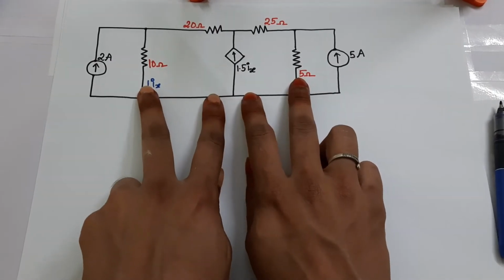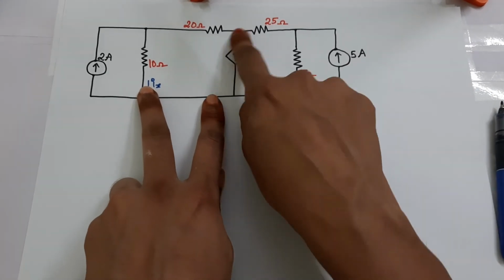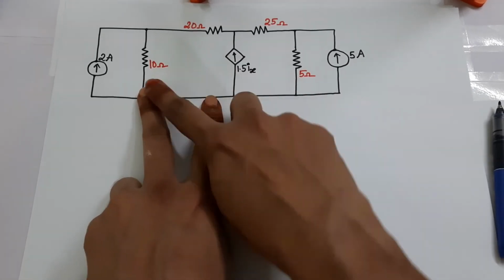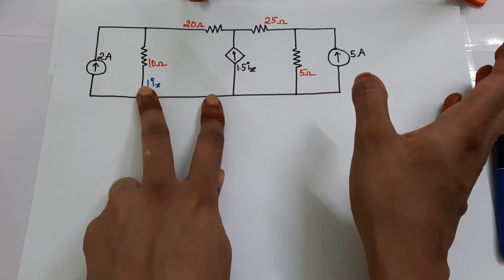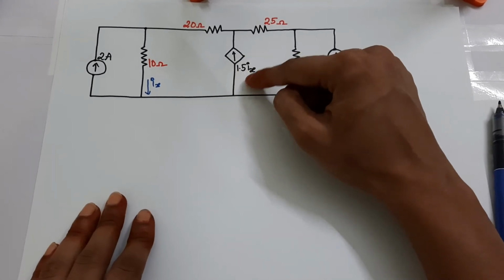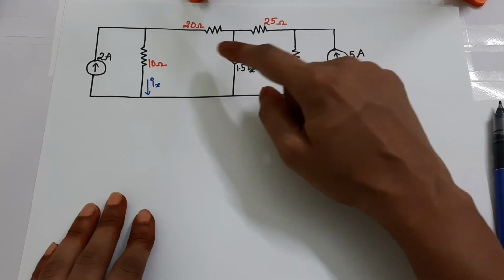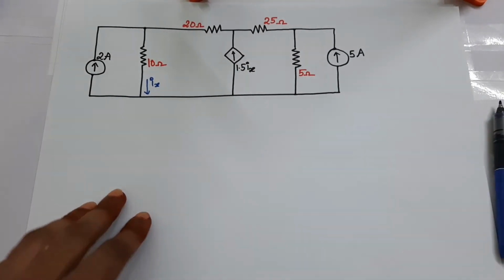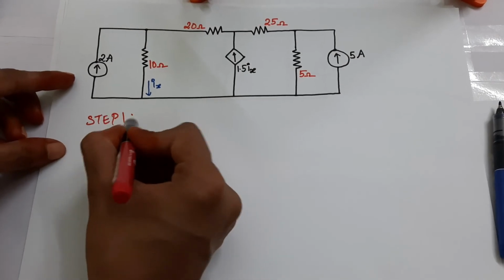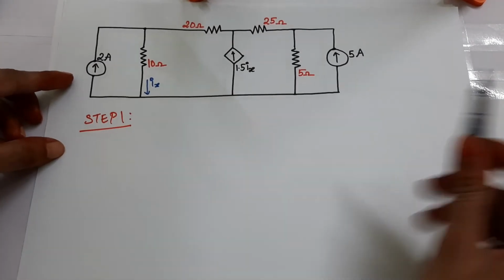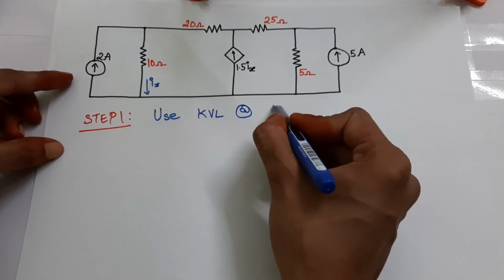Whenever we have a supermesh, what should we do? We should club the meshes in between which we have that current source. We will get one big mesh and we have to apply KVL and put down the equation. Then we have to apply Kirchhoff's current law at the node which contains the current source and solve both these equations. Let me write it here. Step 1 is to use KVL at the supermesh.